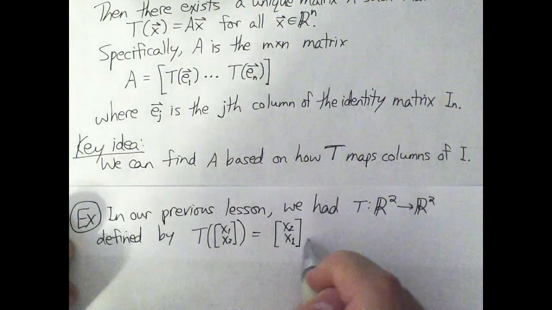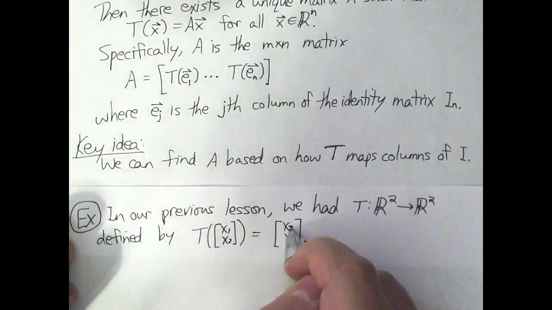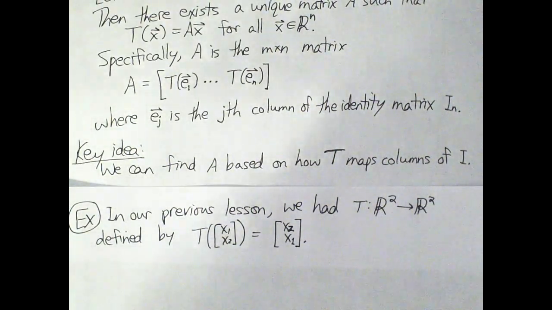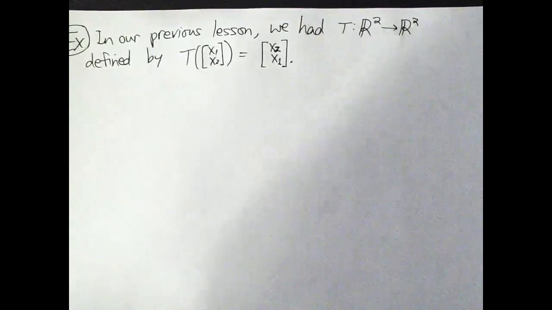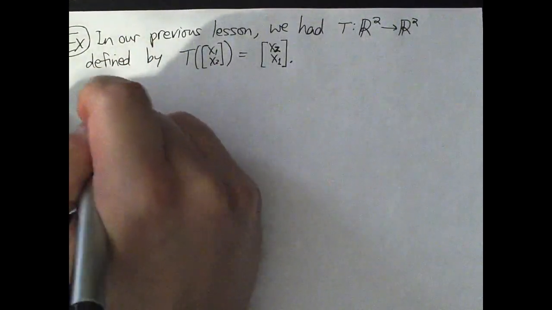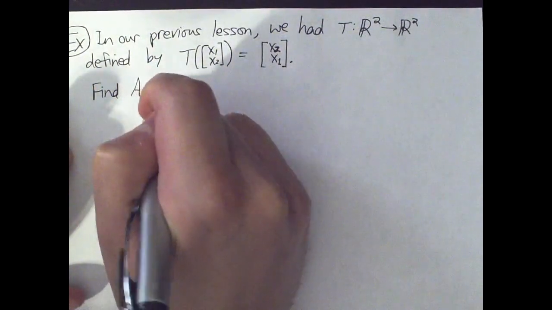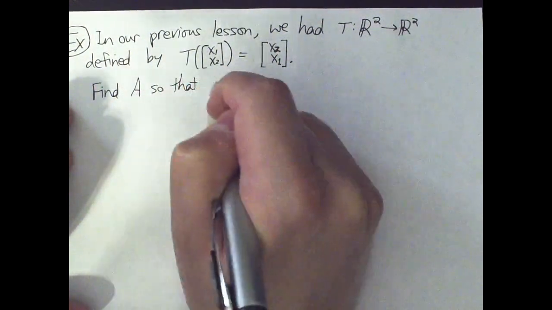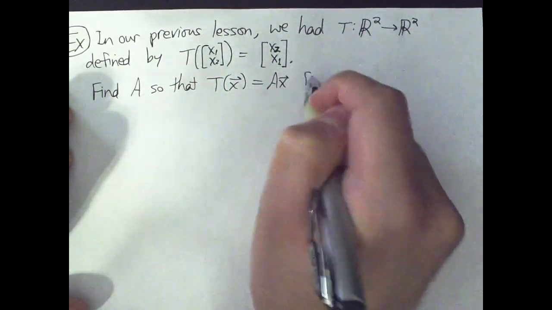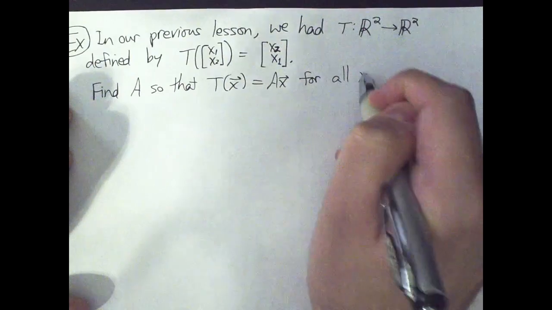In that previous lesson, we used this as an example of a transformation, and we showed that this was linear. We went through the steps of proving that this was a linear transformation. Now we are going to find A so that T of x equals Ax for all x in R2.